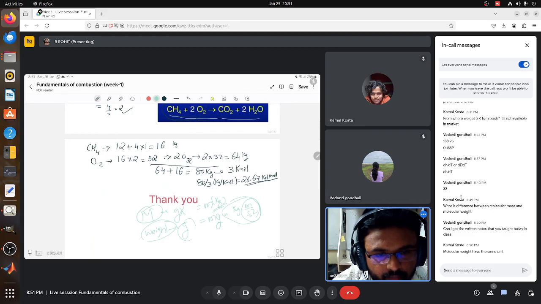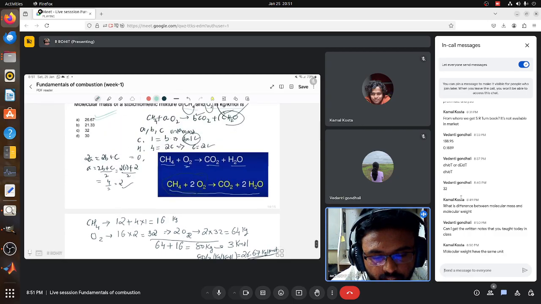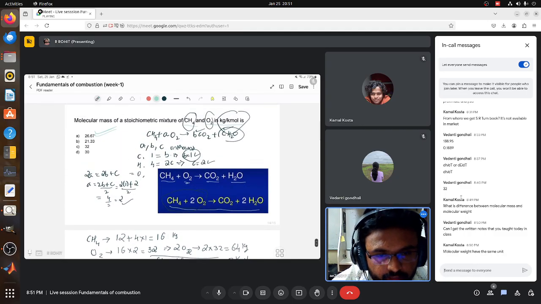What we say as molecular weight of a substance is the total weight that it has, given for each particular item. Carbon has 12, which is all predefined. That total is what we say is molecular weight.